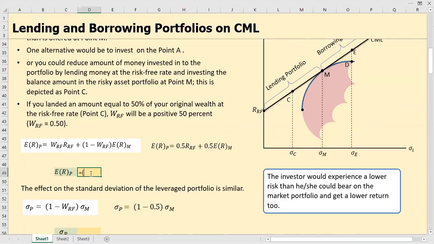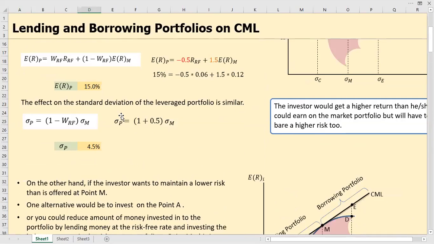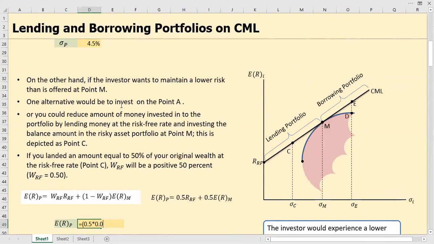Equal 0.5 multiplied by the risk-free rate. Risk-free rate we already have, it is 6%. So I am going to add 0.06 plus 0.5, that is the weight of the market return.